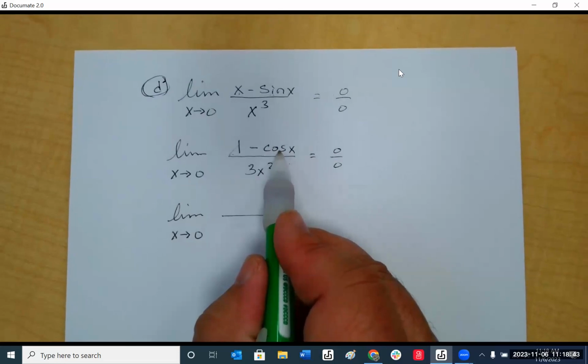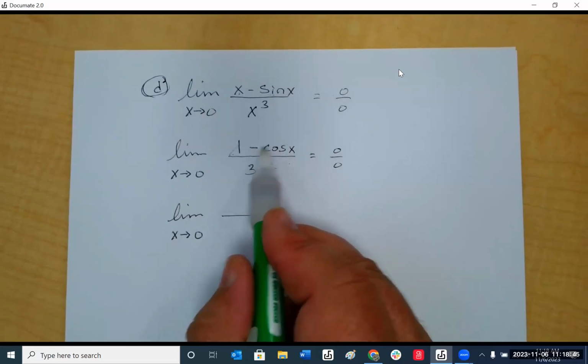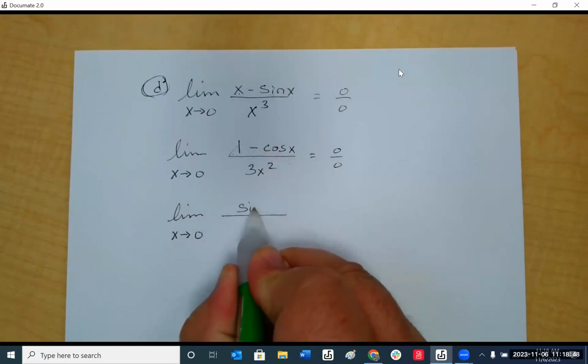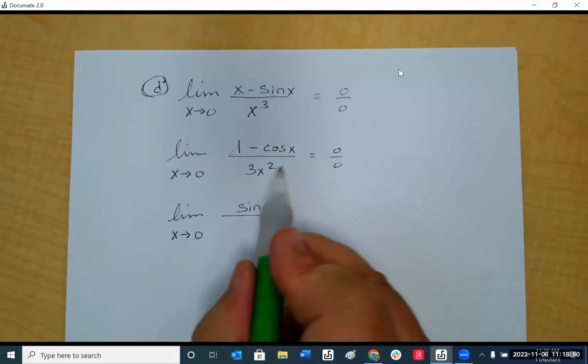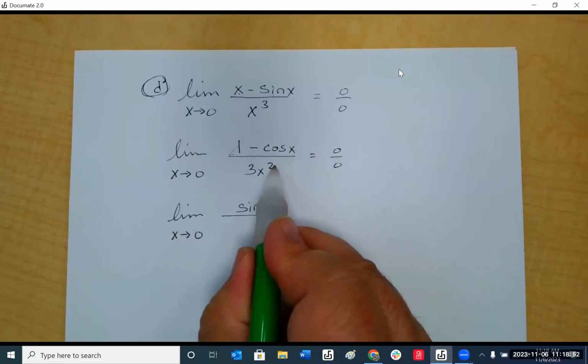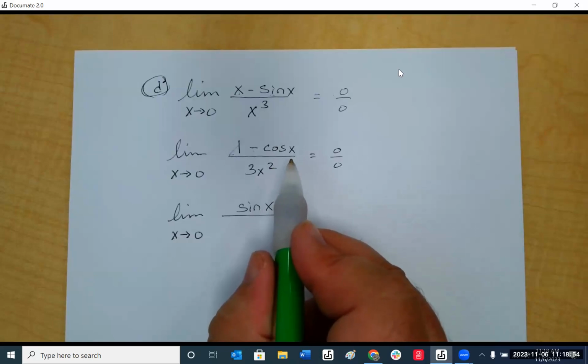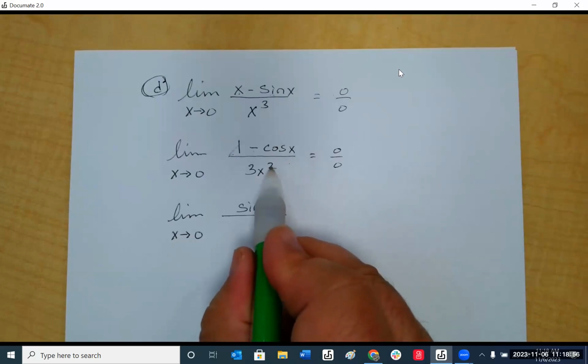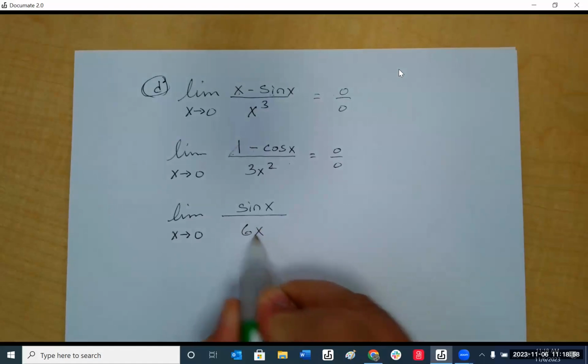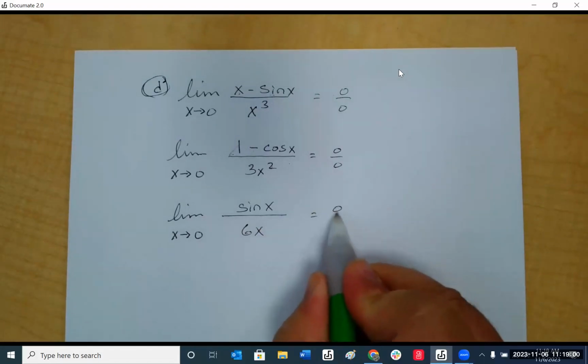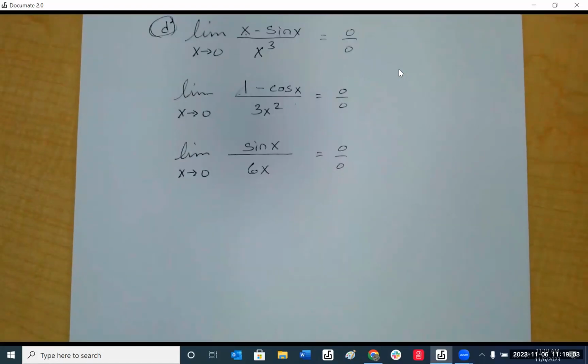The derivative of cosine is negative sine, so the negatives cancel. So the bottom becomes 6x. Still 0 over 0.